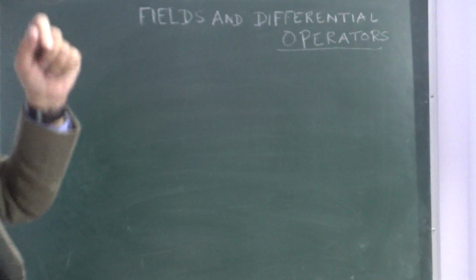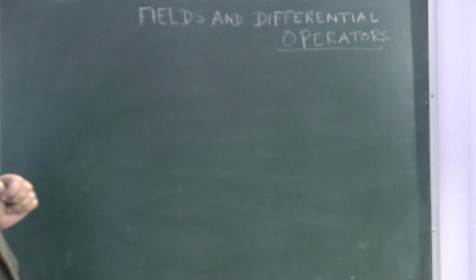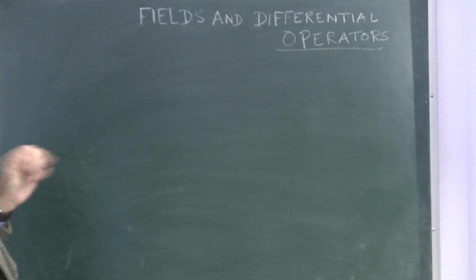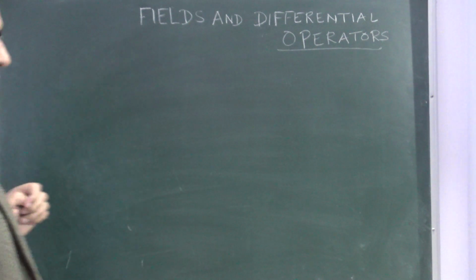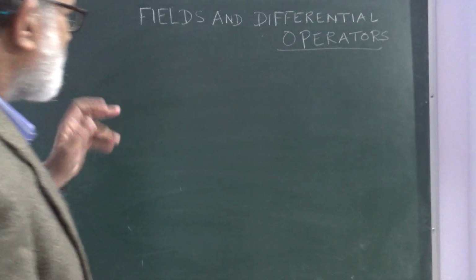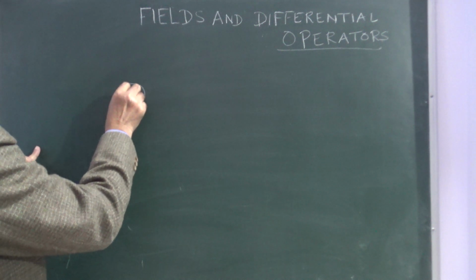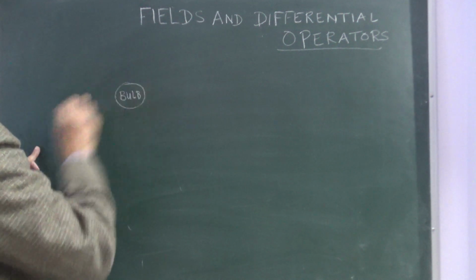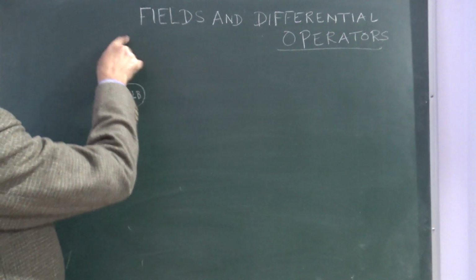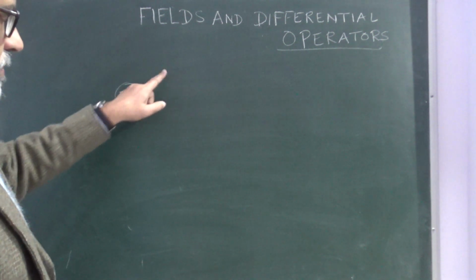So suppose the light bulb in this room creates a field of luminous intensity, because at every point in the space you have certain luminous intensity of the light.